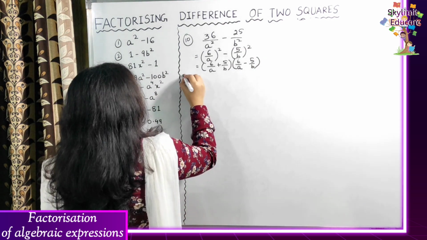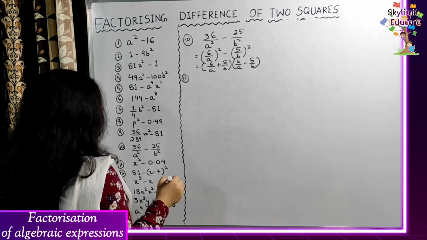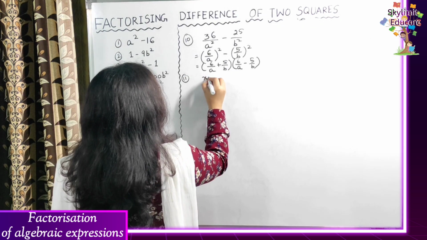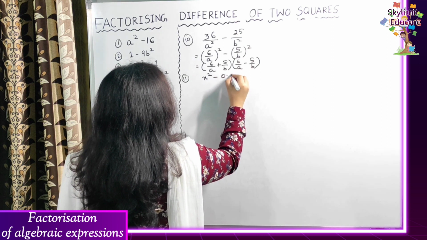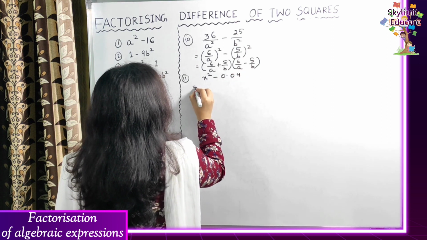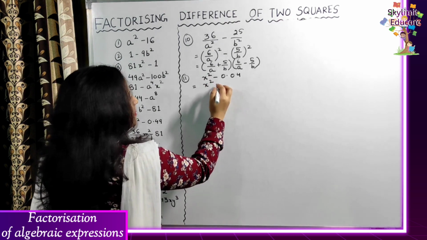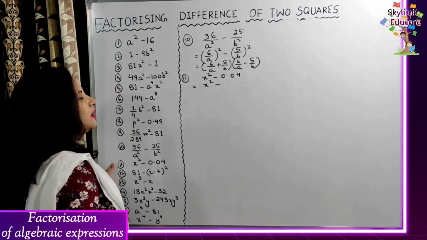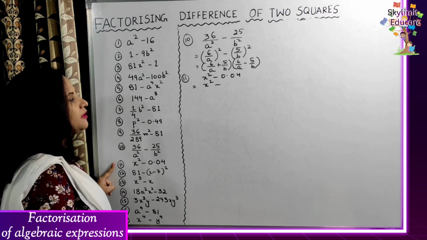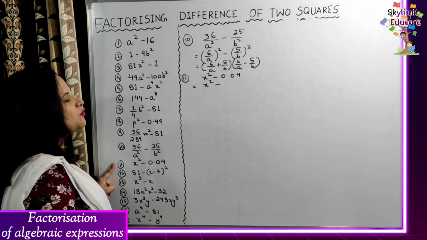Now let's come to question 11. x square minus 0.04. Okay, so this is the square of x. The square of x is x square, minus the square of 2 is 4. 4 is a perfect square, but here you have 0.04.